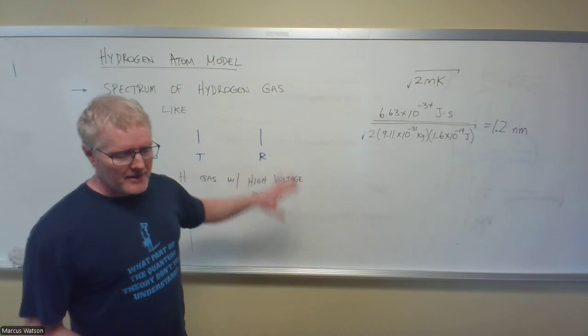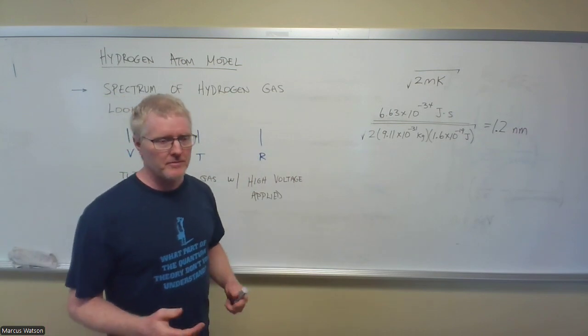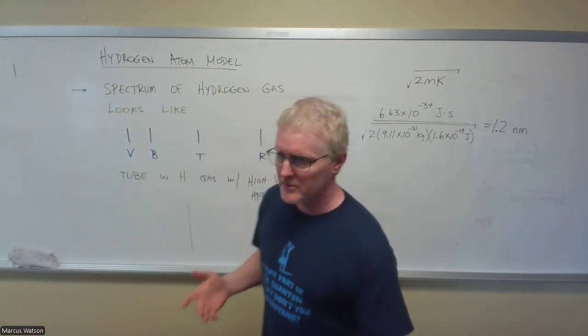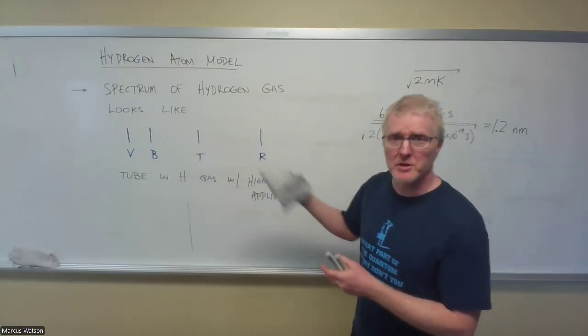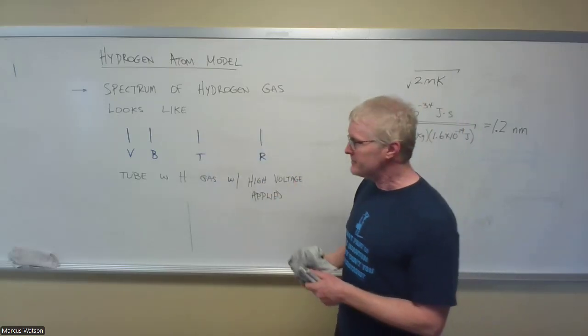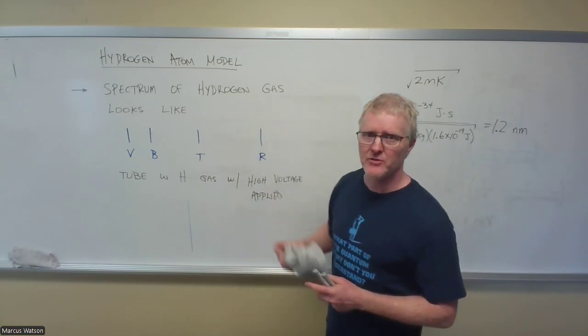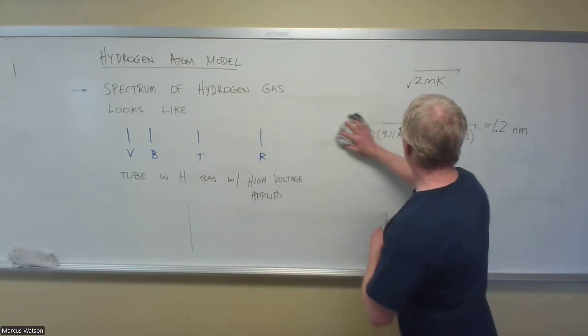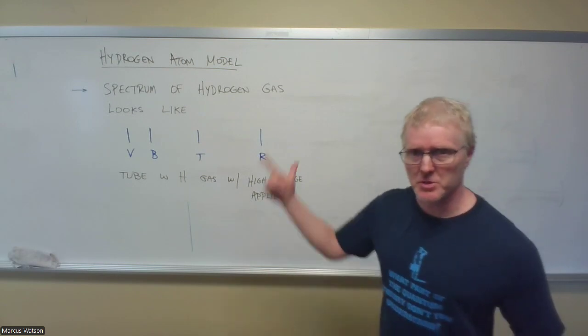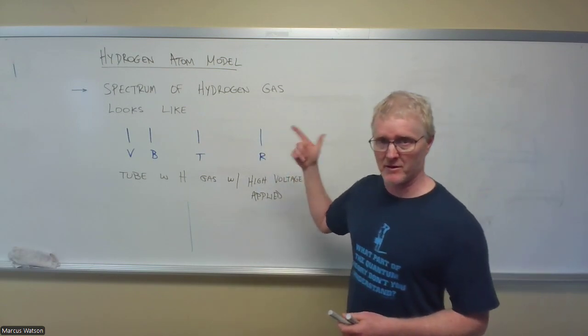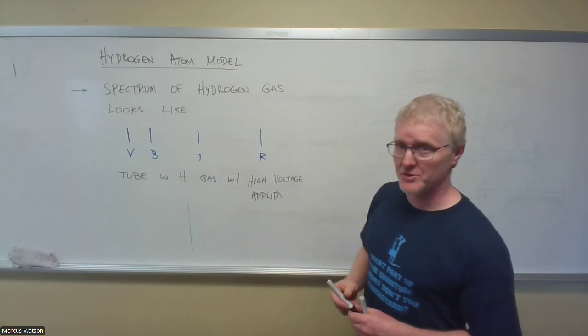It came down to a couple of people, Balmer and Rydberg, who developed basically a description of what the wavelengths are. And eventually it came down to Niels Bohr, who came up with a physical model that describes why these wavelengths are emitted from hydrogen gas.